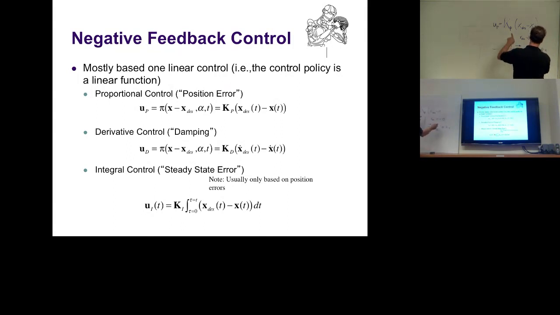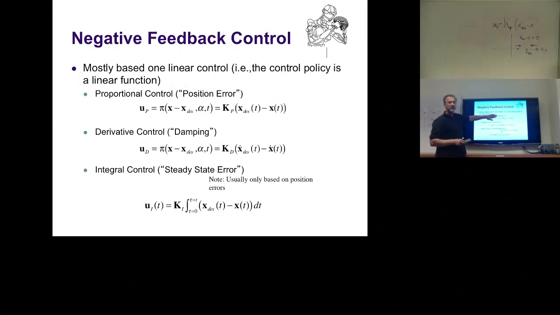Means now, if you multiply this with a positive constant, you will be pushed backward. Okay, perfect. We get pushed towards the goal in both cases, and that's exactly what we want. That means in the end, we should end up at the goal. So this is proportional control, position error, which is the most important component to get you to a goal and to make sure you will stay there in the end.